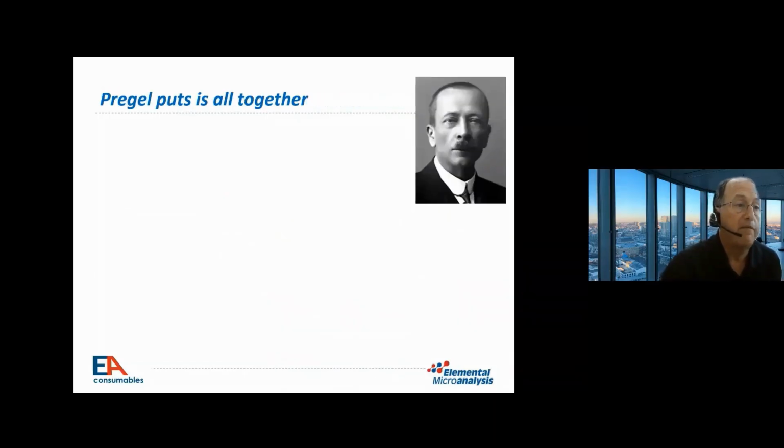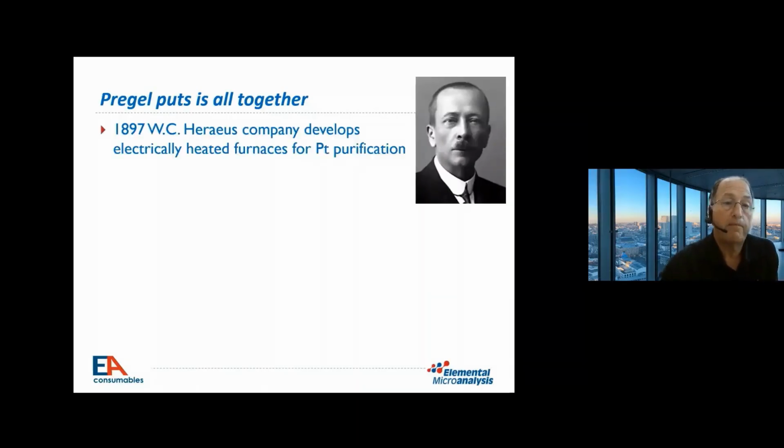And then we have Mr. Pregl, who puts it all together. Part of this was brought about by the company W.C. Heraeus, which in the late 1800s developed electrically heated furnaces for platinum production.